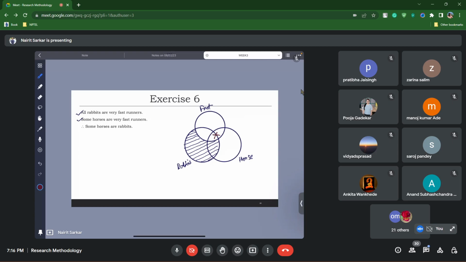So is it valid or invalid now? Anyone? Sir, I think it's valid. It is coming as valid, right?